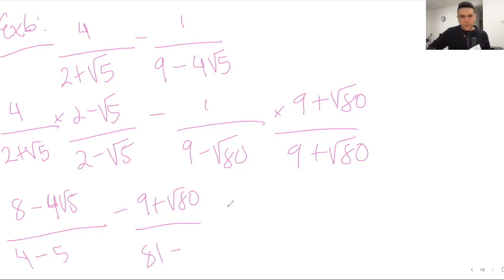Square root of 80 squared is 80. So we get minus 1. So this becomes 4 square root of 5 minus 8. I'm going to have minus 1 here, and then I'm going to distribute it, right? So this becomes positive 4 times the square root of 5, and this one becomes minus 8. And this one is just 81 minus 80, which is just 1.